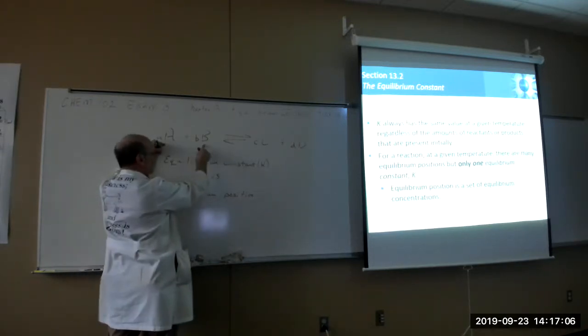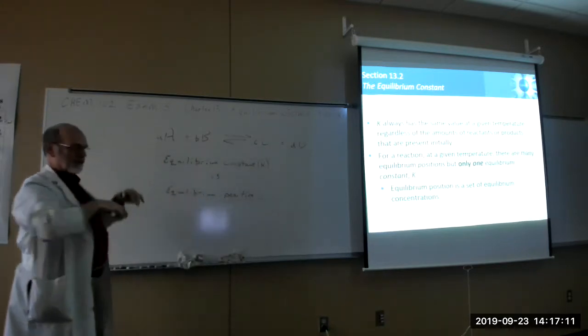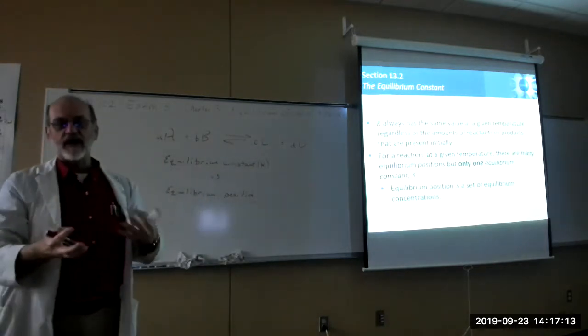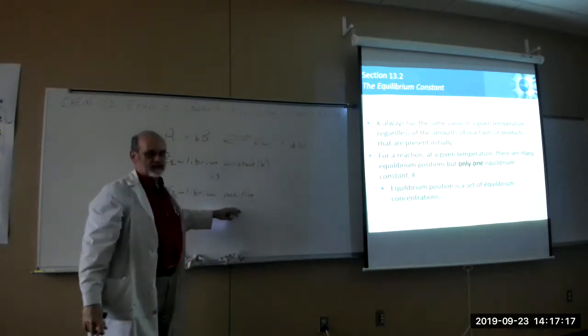But if we didn't add any of that, we're going to use more of this, so it decreases that concentration. Those shifts in concentration are behind this idea of equilibrium position.